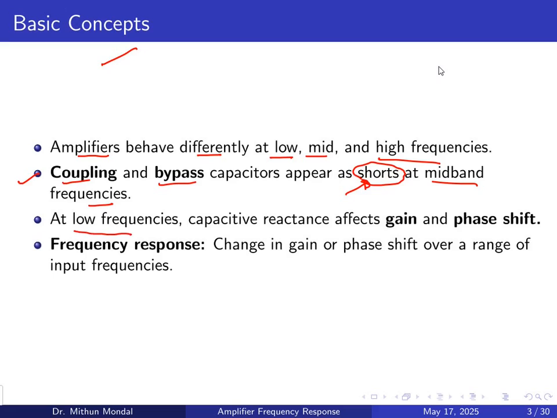Generally at low frequency, the capacitive reactance, that is Xc, will affect the gain as well as the phase shifting of the frequency response. What is frequency response? It is basically the change in the gain and the phase shift over a range of input frequency.